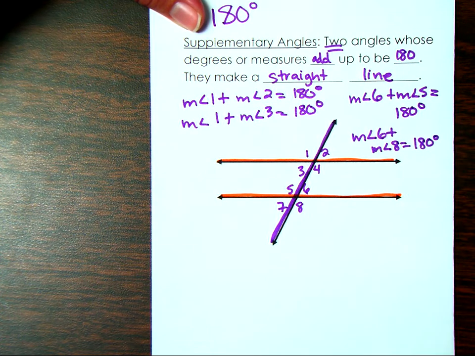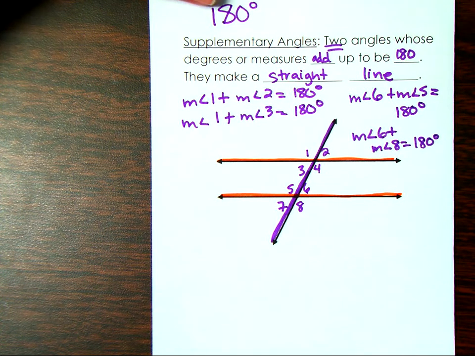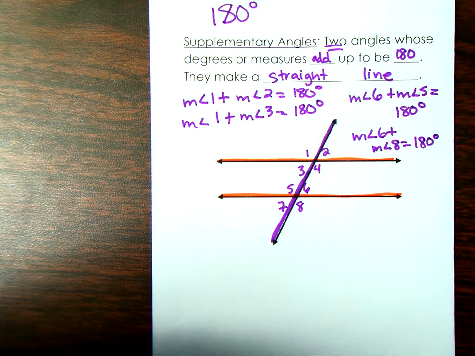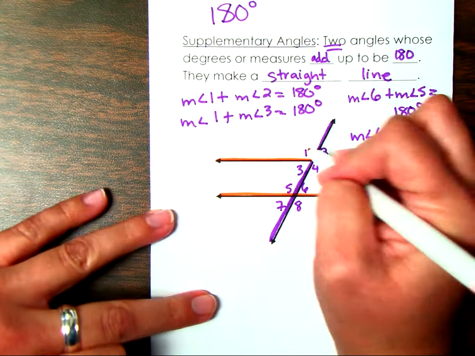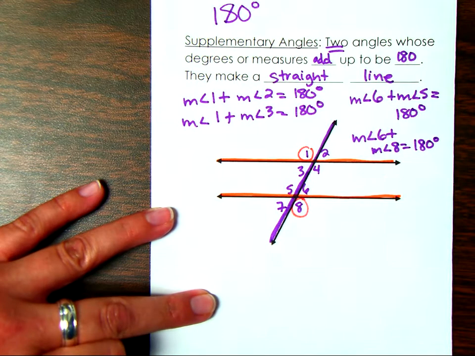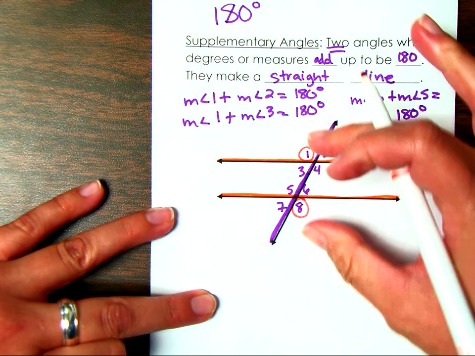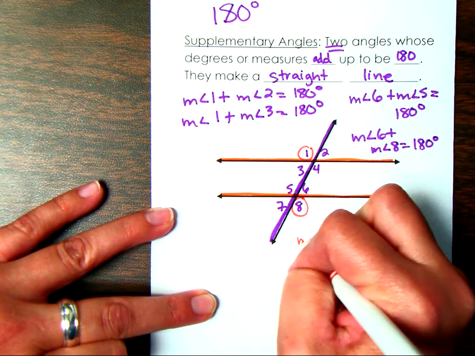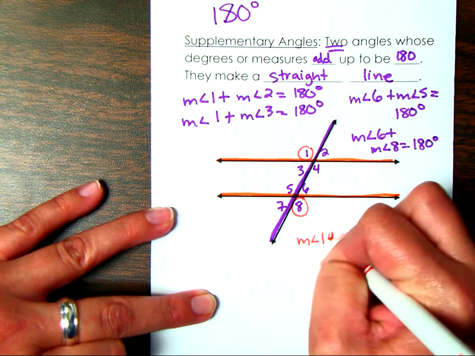Okay? Here's something else to think about. So we're going to kind of use our corresponding angles, our alternate exterior. Think about that. So if we know that the measure of angle 1 is equal to the measure of angle 8, because those are alternate exterior and therefore congruent. So think about that.